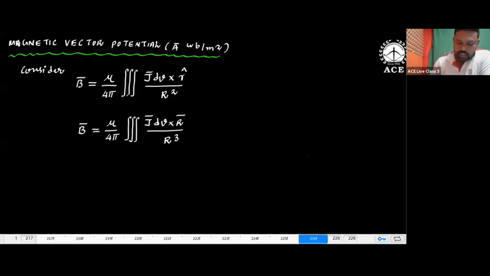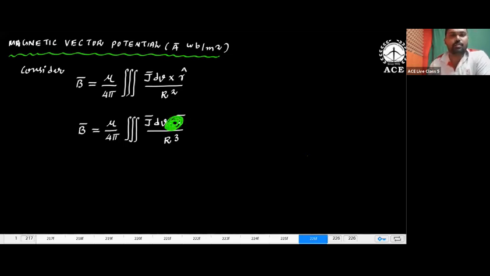Now observe carefully here. There is a cross product inside the integration. We have not done any derivations of finding the magnetic field, so that you would have understood the difficulty involved in using these equations. What I'm saying here is there is a cross product present inside the integration.